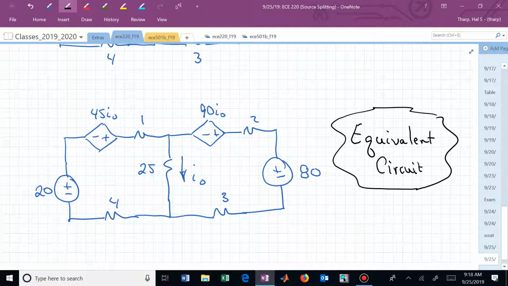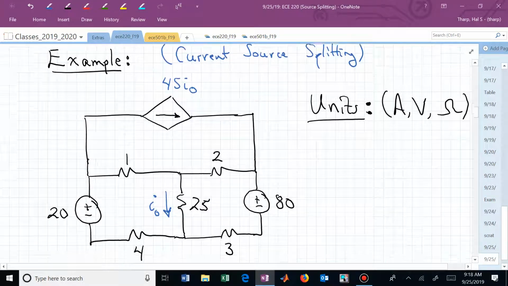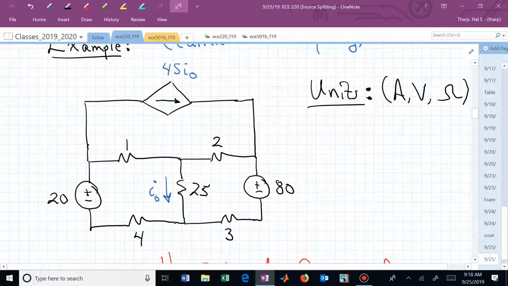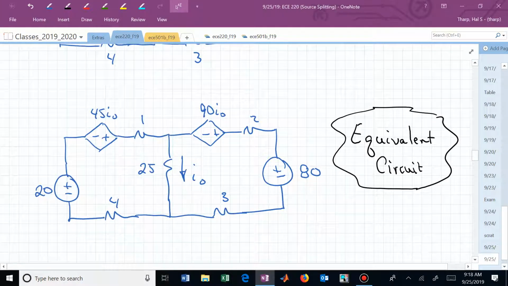Maybe you think this looks a little easier to analyze than that. What did we do? We split the current source into 2, and that ended up yielding these 2 meshes instead of a 3-mesh problem. And our dependent current source has now been split and ended up as 2 dependent voltage sources.